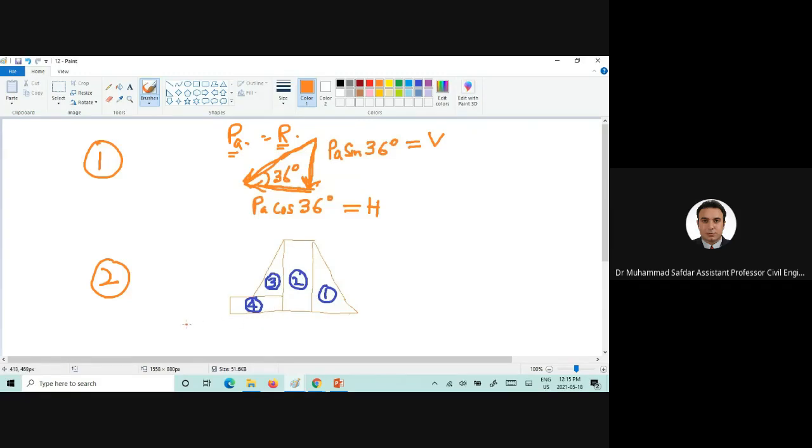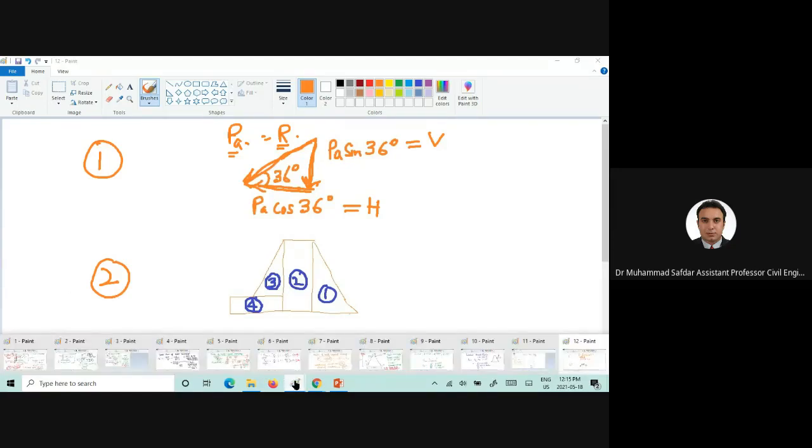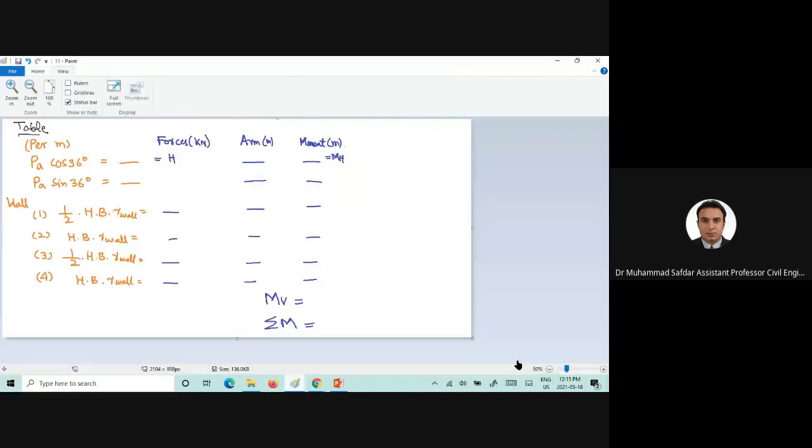So that's how. Please kindly take a picture of this screen, because we are going to use it in constructing the table. So if it's done, then we will move towards constructing the table here.